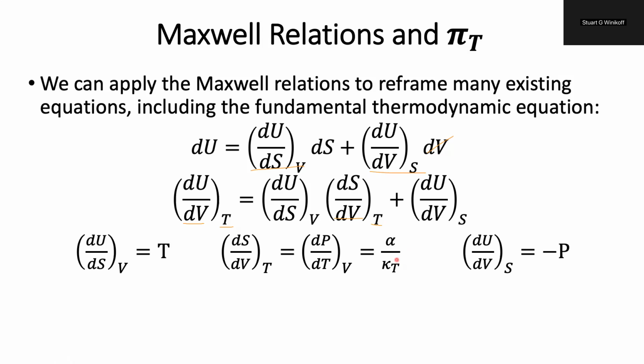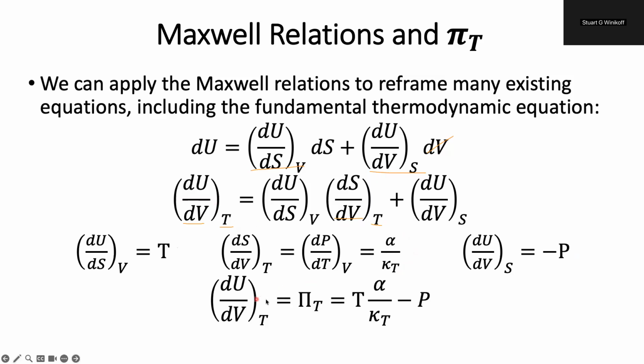So, hey, congratulations. I know each of my three terms on the right. It's just going to be temperature times the ratio of my coefficients minus the pressure. Temperature and pressure are measurable. These coefficients can be obtained from tables. Now on the left, well, congratulations.